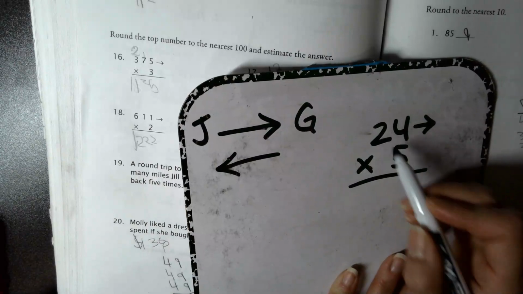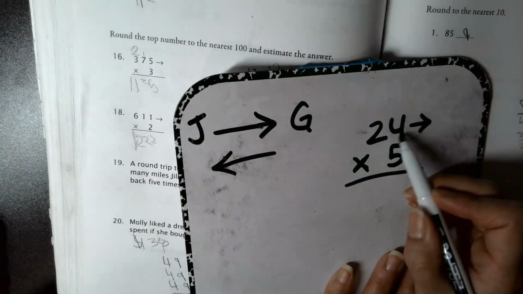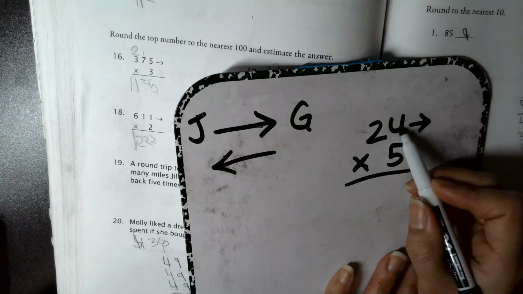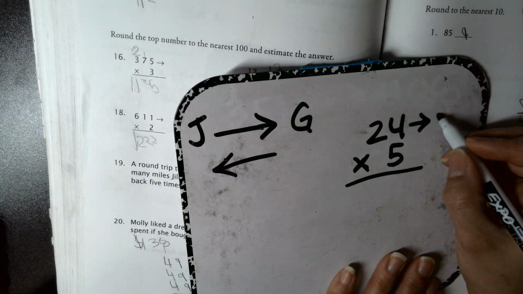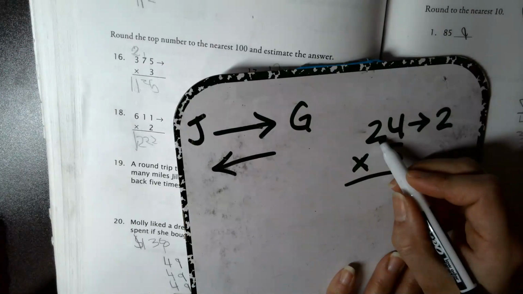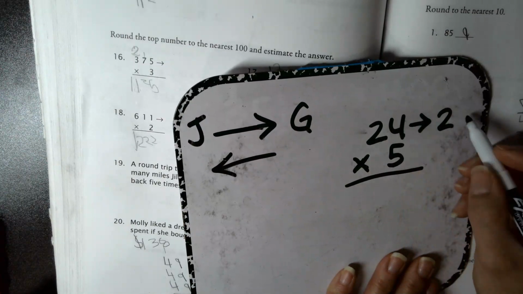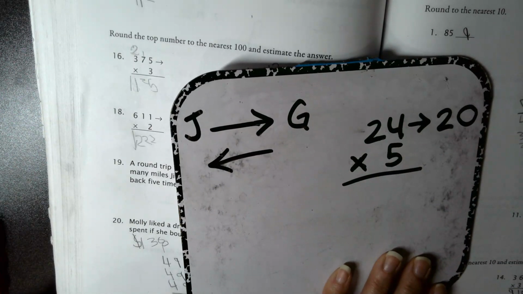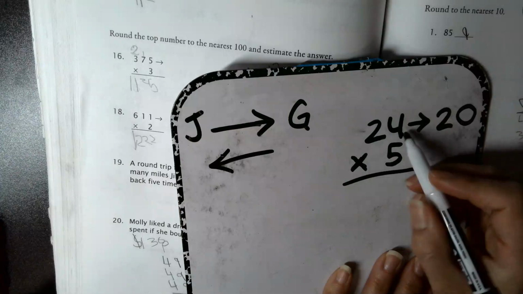And we look at the tens place. There's a 2. We look next to our right, and there's a 4. Is that 5 or more? No, it's not. So this number stays the same, and then the 4 just becomes a 0, because we're only looking for the tens, not the ones.